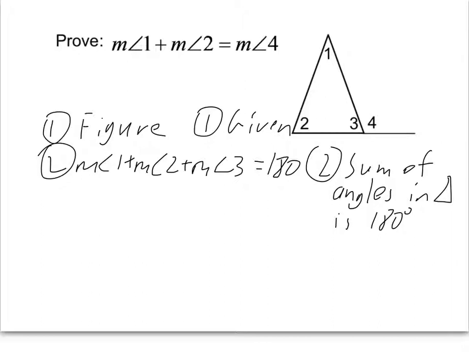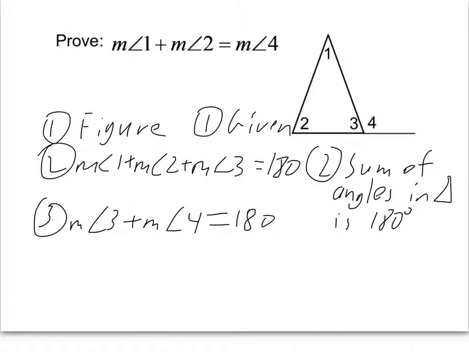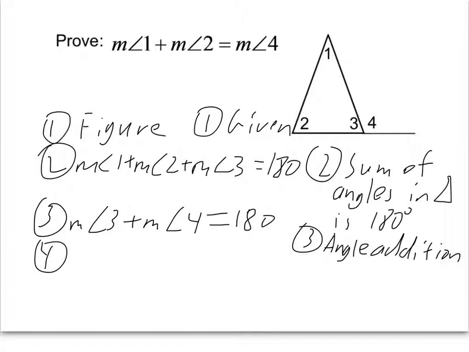Then we can also say that the measure of angle 3 plus the measure of angle 4 is 180 degrees, and that's just angle addition. We've seen that before. Angle addition.